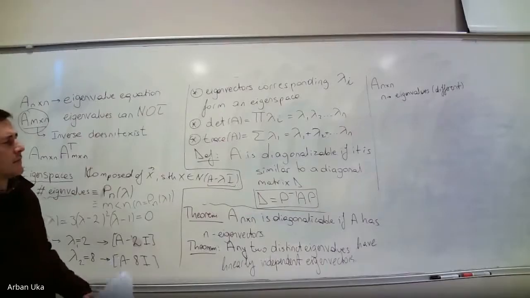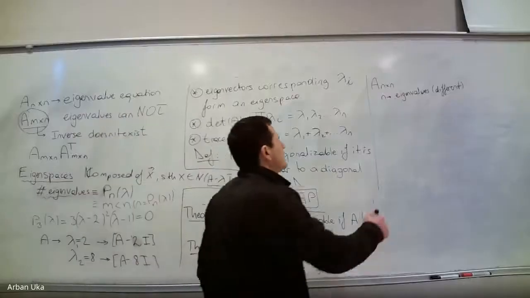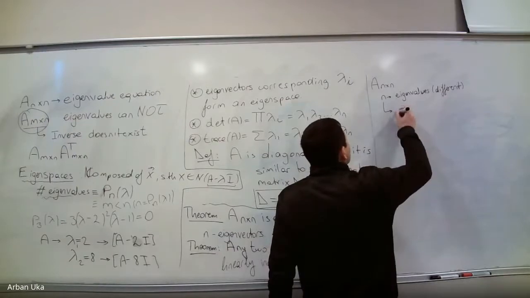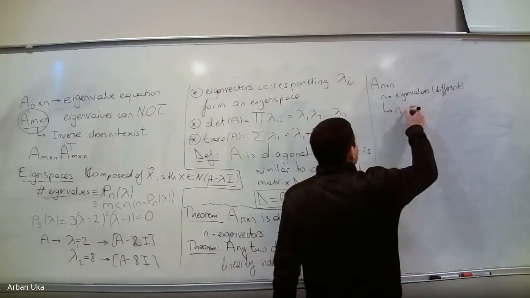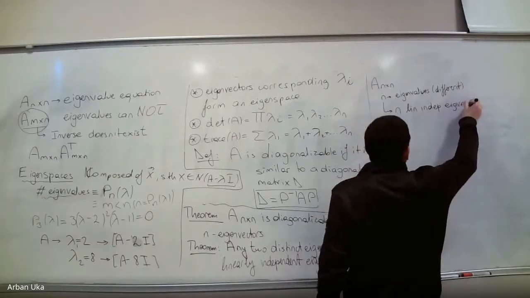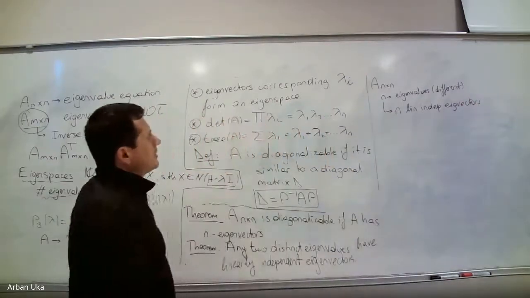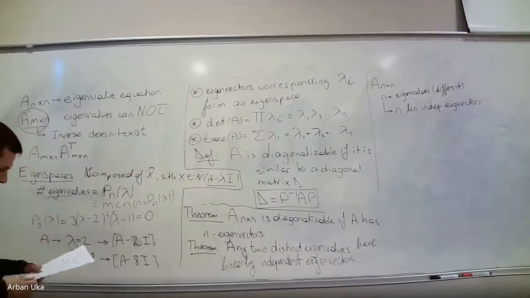Yes. Since we have different eigenvalues, we will have linearly independent eigenvectors, so it will be diagonalizable. That is true. If you have n different eigenvalues, then immediately we have n linearly independent eigenvectors. And this means that A n by n would be diagonalizable.